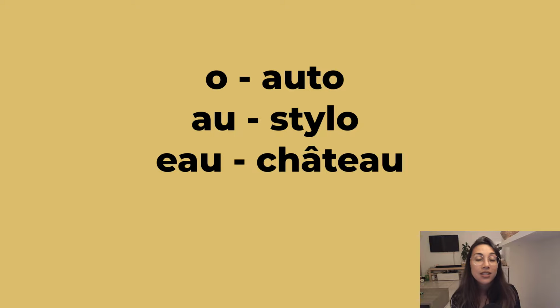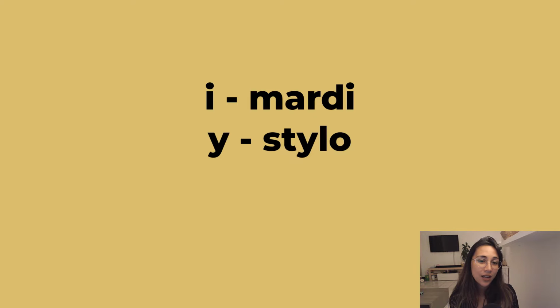Auto, stylo, château. And the sound I, which can be written with two letters, the letter I and the letter Y. So, stylo, mardi. It's quite common in French to encounter the same sound but with different spellings.